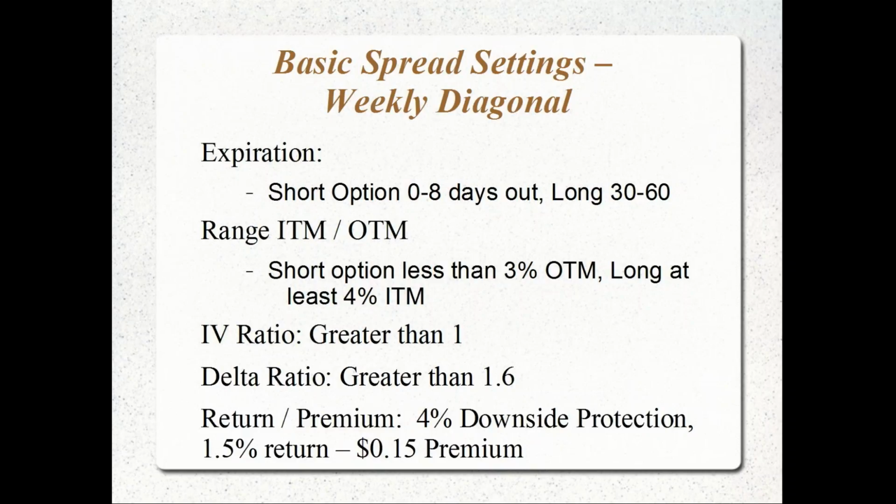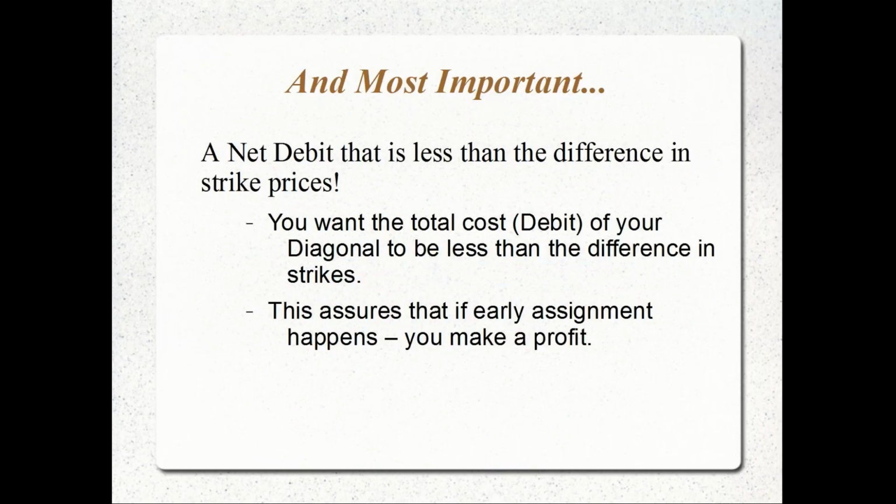But remember, the most important in the diagonal spread, yes, we want to have stocks that move in our direction, but the most important is to have a net debit that is less than the difference in strike prices. Okay? We want the total cost of what we pay in the position to be lower than those strikes.